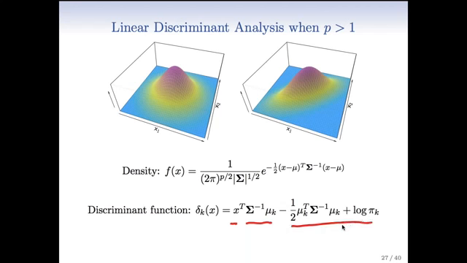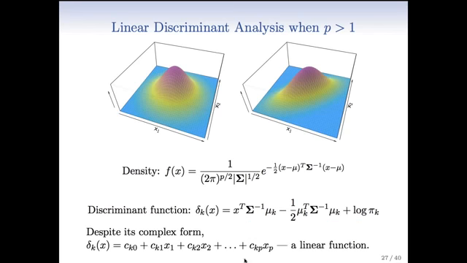If the math's beyond you, don't let it bother you. This is a linear function, and we'll make that more clear a little bit later on as well. In fact, we make it clear right here. It might look complex, but this can just be written in this form over here. Okay, it's a linear function. So this ck0 is a function for class k. ck0 is built up of all these pieces over here, and then each of the coefficients of x1, x2 up to xp come from this part over here.